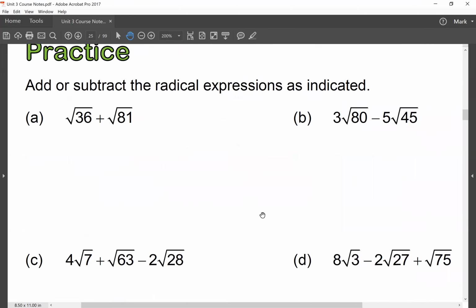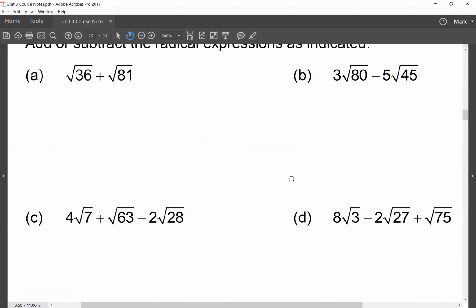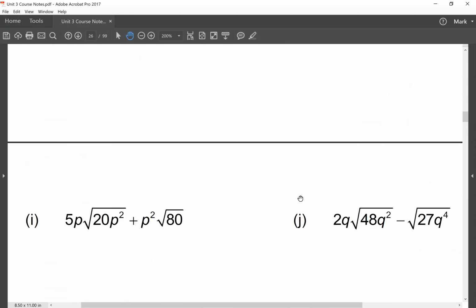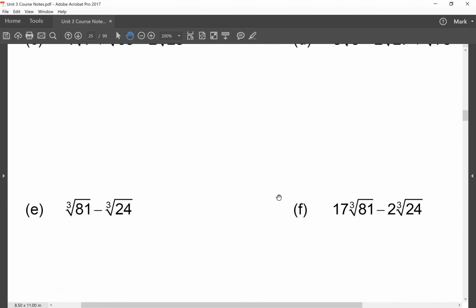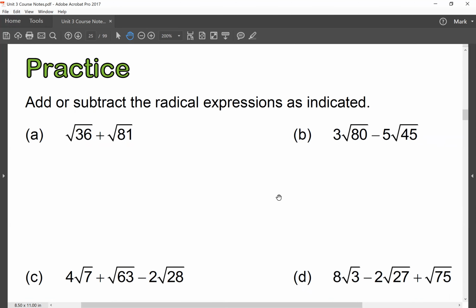Okay, so let's have a look at this. Let's look at some of these together. How many of these are there? Okay, there's a good few for practice here. So I'll start with some easy ones and then we'll do a couple harder ones. So let's start easy. A says add or subtract the radical expressions as indicated.